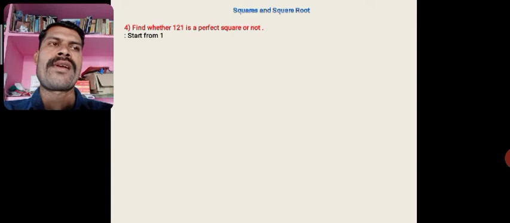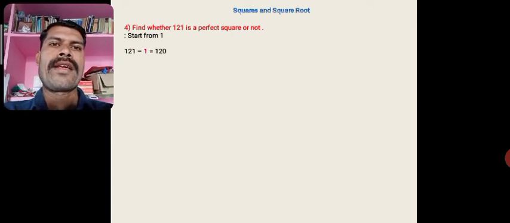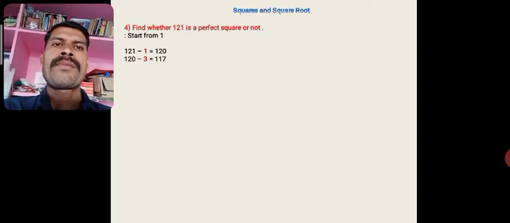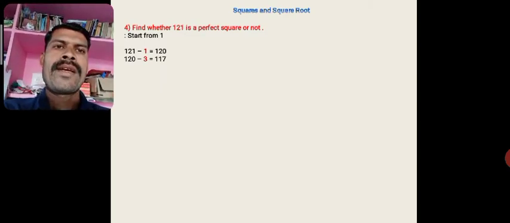Subtract 1 from 121, so you will get 120. Again, subtract the successive odd numbers. Subtract 3 from 120, you will get 117.